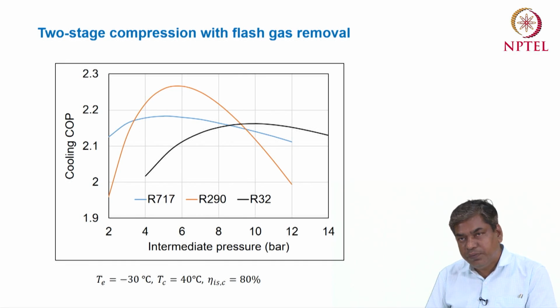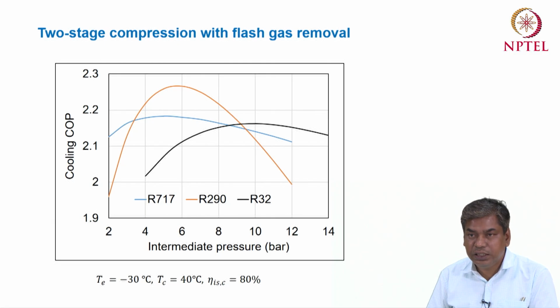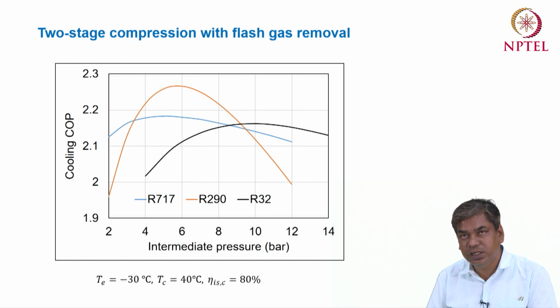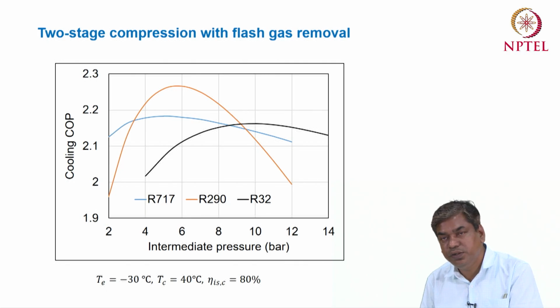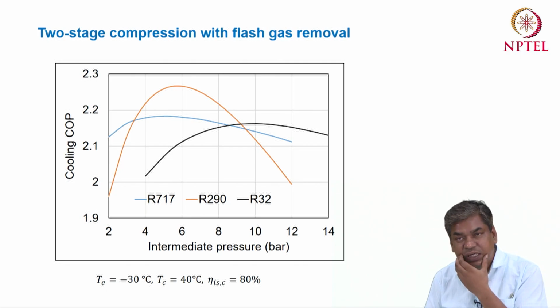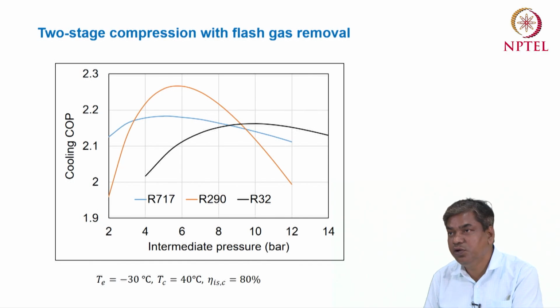But if we compare with the previous cycle, that means the two-stage compression with intercooling, for that cycle we have seen that the cooling capacity will remain the same. But for this case, if we change the intermediate pressure, then the cooling capacity will also change.